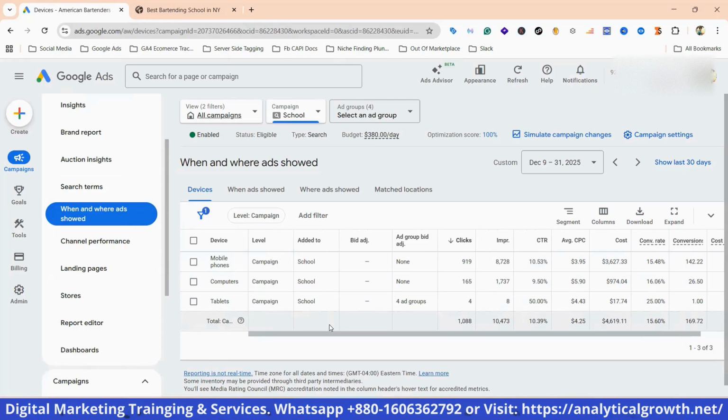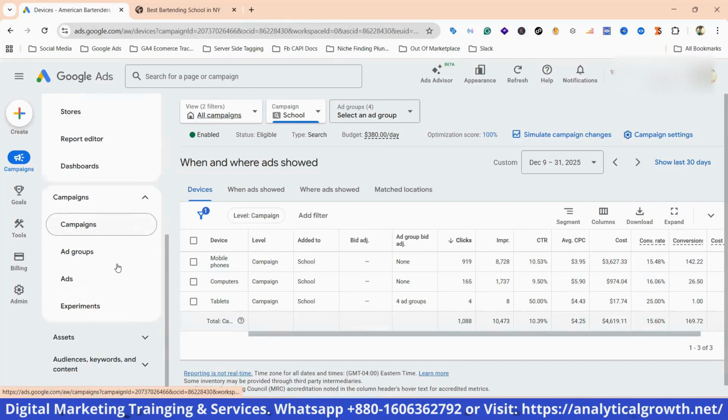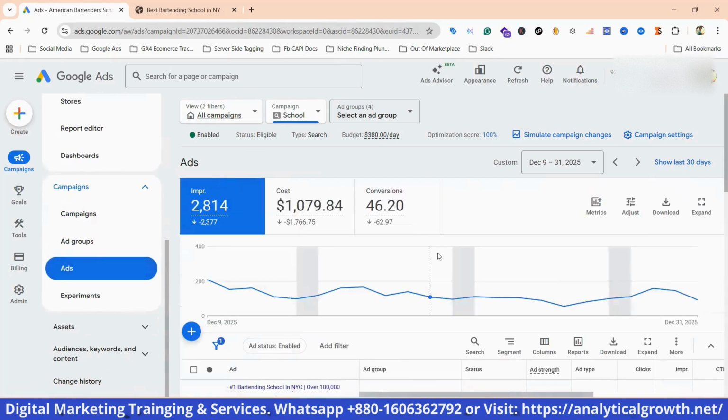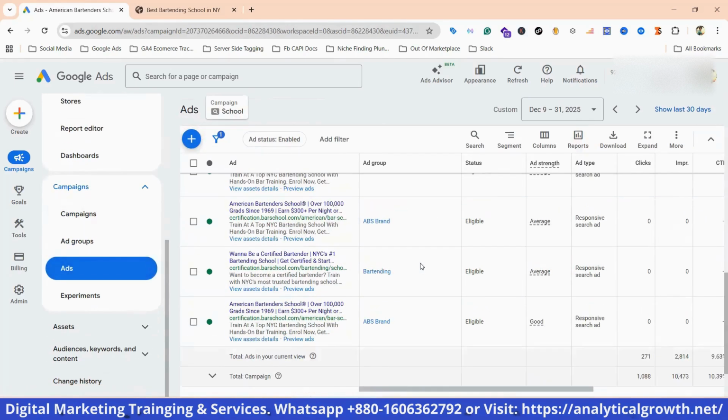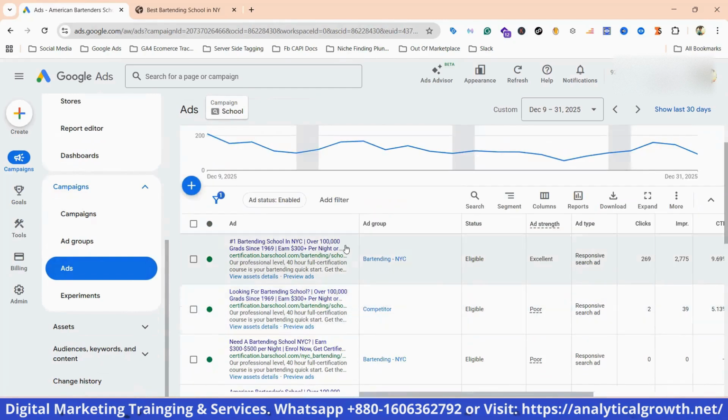Then I check the ads every 7 days. Okay, so if I go to ads, I'm not selecting any ad group, that's why it is coming like this. So I was testing 3 ads per ad group, and every 7 days I was monitoring their performance, measuring by cost per conversion or cost per lead.